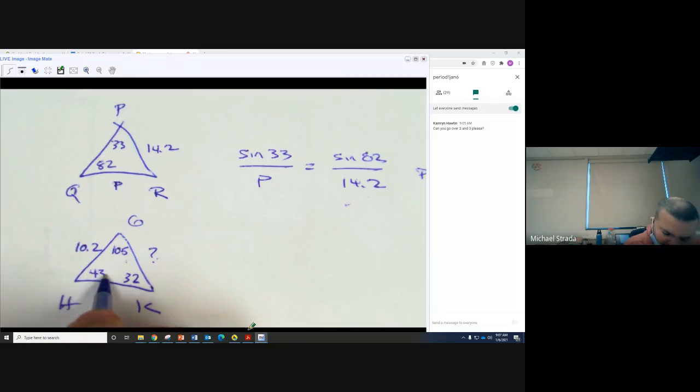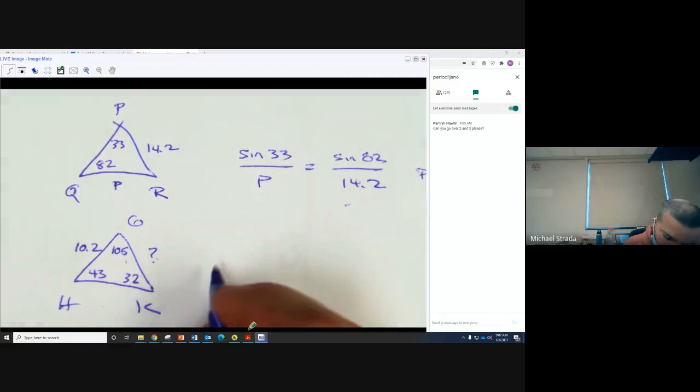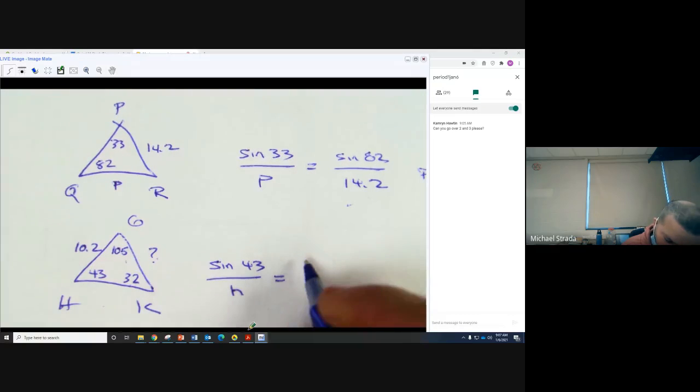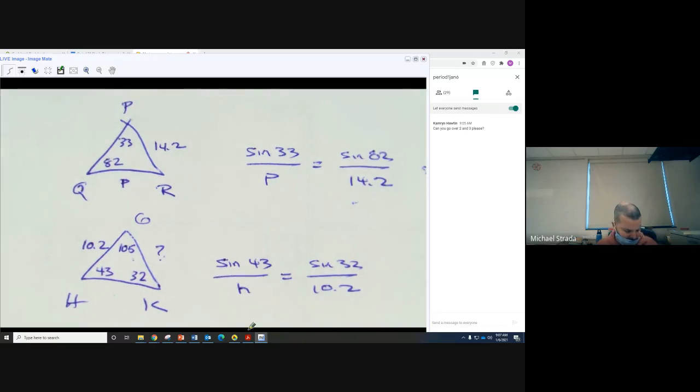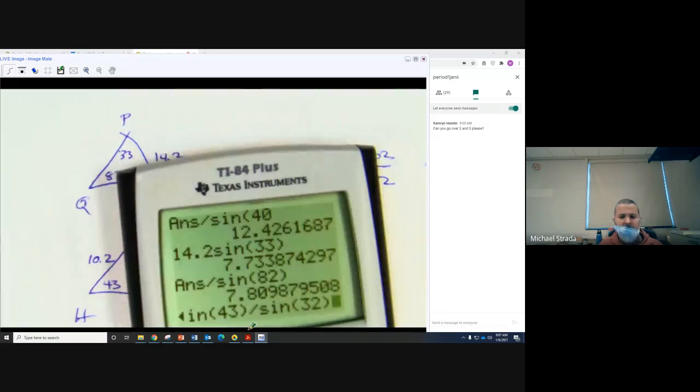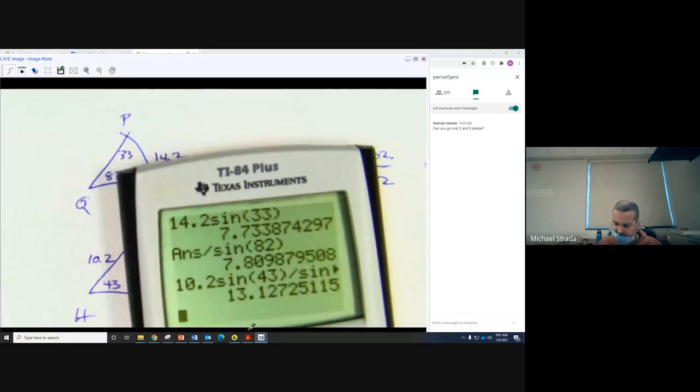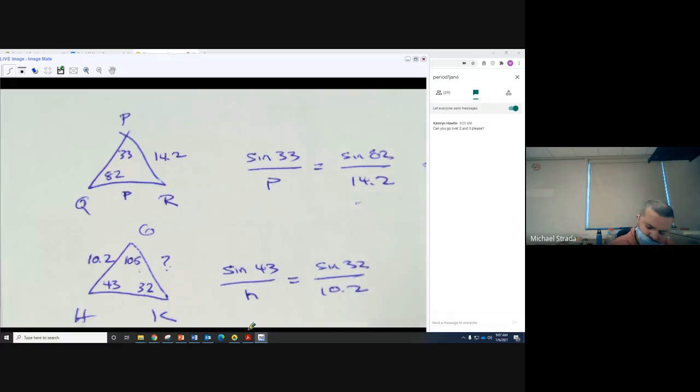Subtract that from 180 and I get 43. So the sine of 43 over little h equals the sine of 32 over 10.2. Since the 10.2 is opposite the 32-degree angle, I'm now going to do 10.2 times the sine of 43, divide that by sine 32, and that gives me the 13.1.